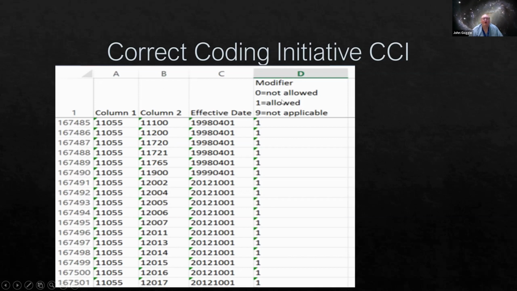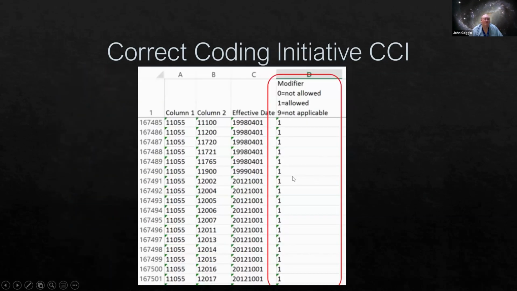However, this code column here is telling you that you are allowed to use a modifier to get around this if indeed there's a legitimate reason to do so.